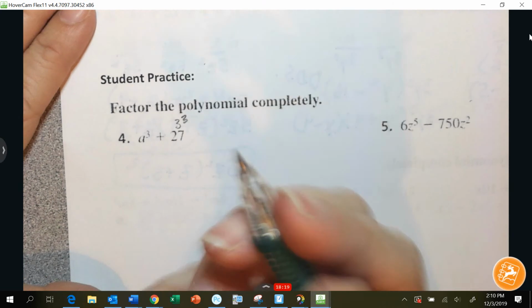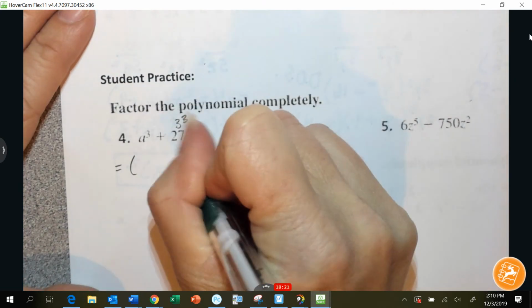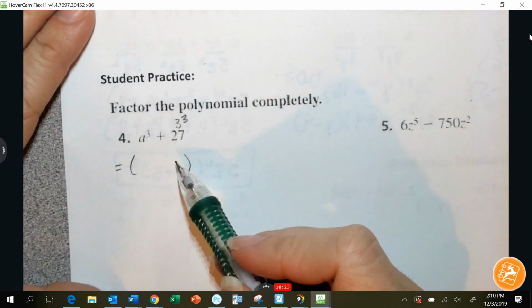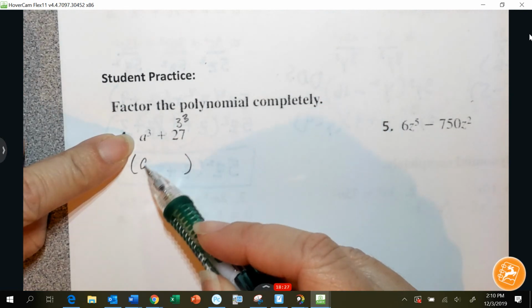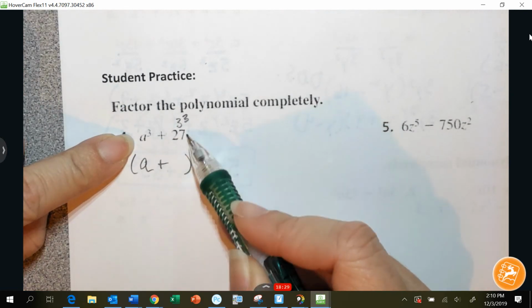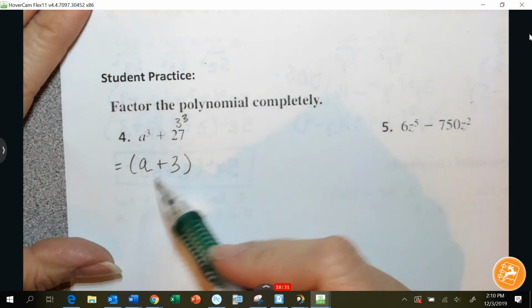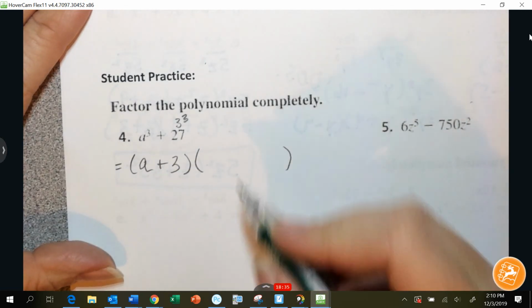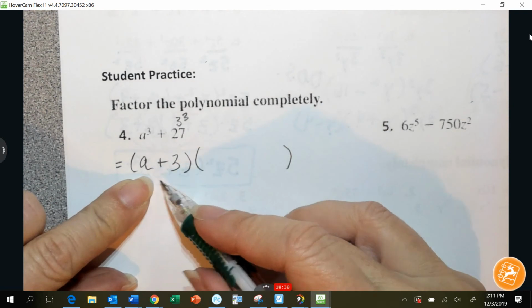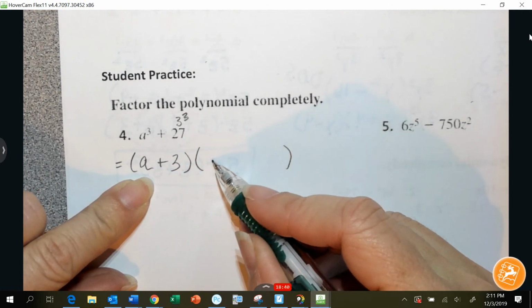Now we're going to start our formula for factoring. The first thing you do is say, what is cubed here? a. Plus what is cubed here? 3. So that's your a and your b. In our second parenthesis, you will square the first thing, which is a. So a squared.